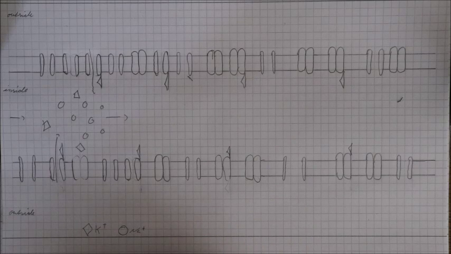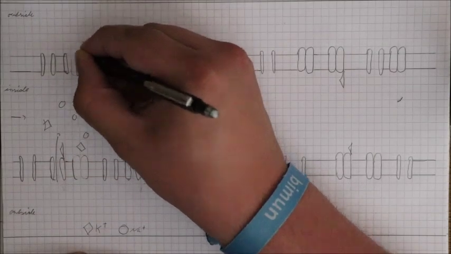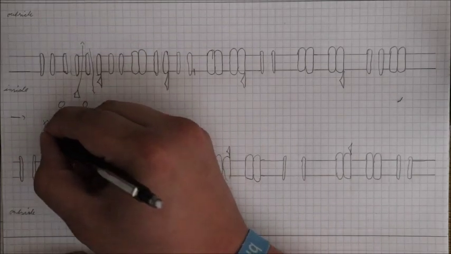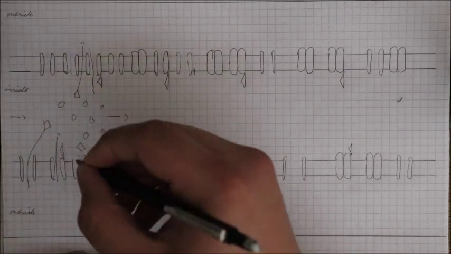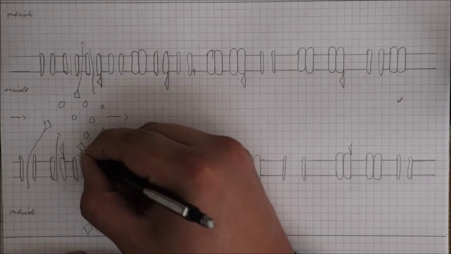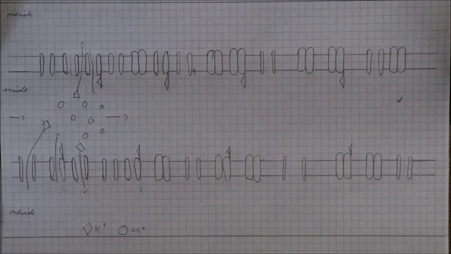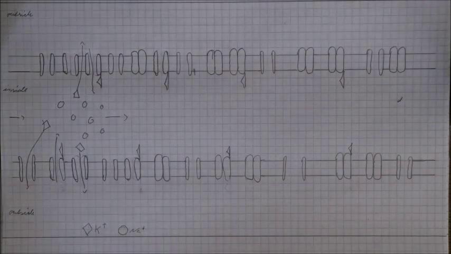And now the K+ ions are streaming out, like here, and of course here as well. And the membrane potential becomes negative again, so this step is called the repolarization of the membrane.